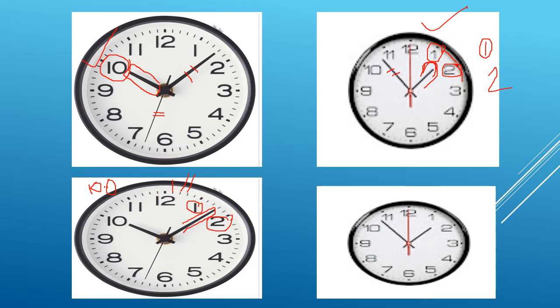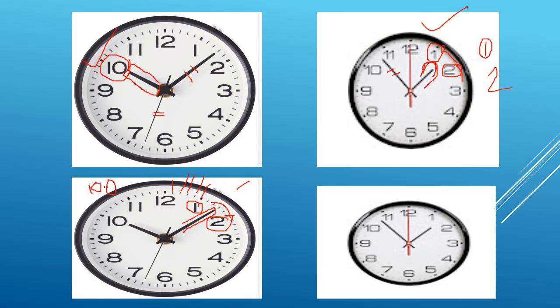If we observe it carefully, then we will be able to see that from 12 to 1 there is 1, 2, 3, 4 and 5 points. In the same way, from 1 to 2 there will be 5 points.